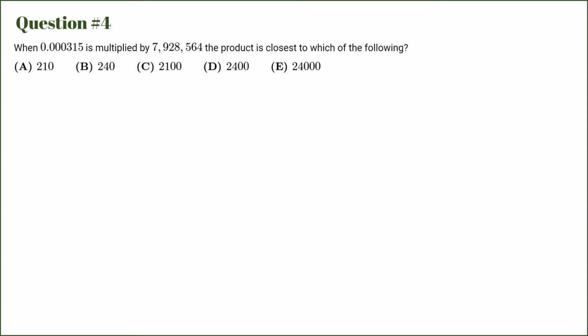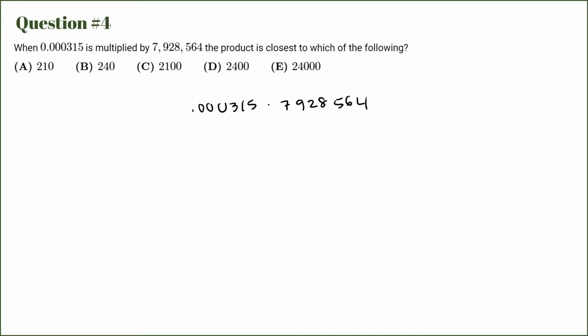Question 4 states, when 0.000315 is multiplied by 7,928,564, the product is closest to which of the following? So what this question is asking is, what is the closest thing to this?